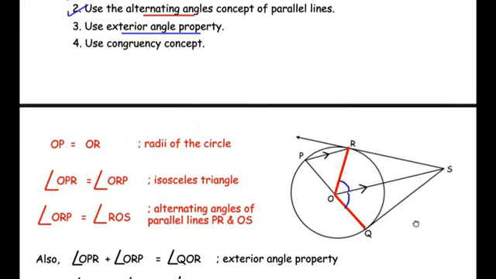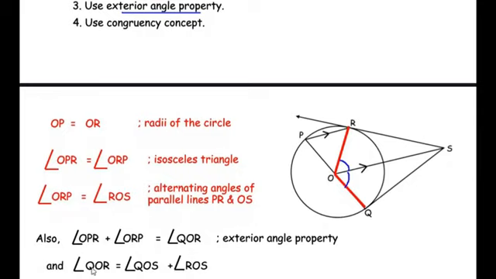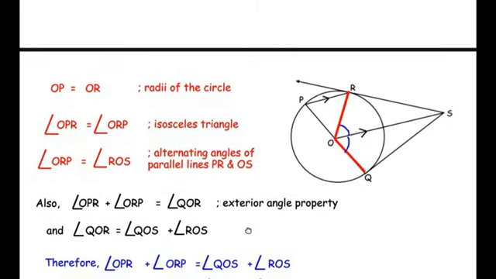So we have written here that angle QOR is equal to the sum of the two angles, that is angle QOS and angle ROS. Now we are going to substitute in place of angle QOR, angle QOS and angle ROS, that is shown over here. Therefore, angle OPR plus angle ORP is equal to QOR, which is replaced by QOS and ROS as shown.